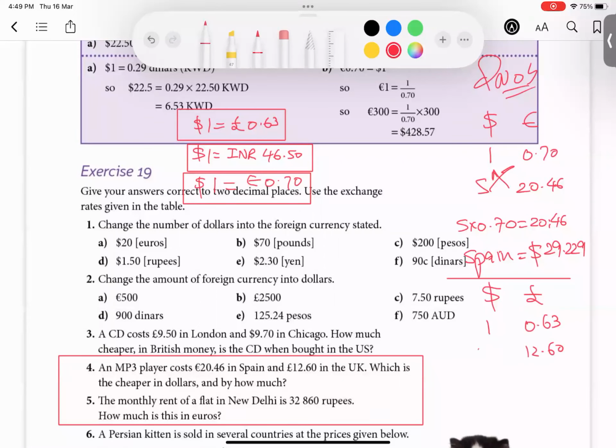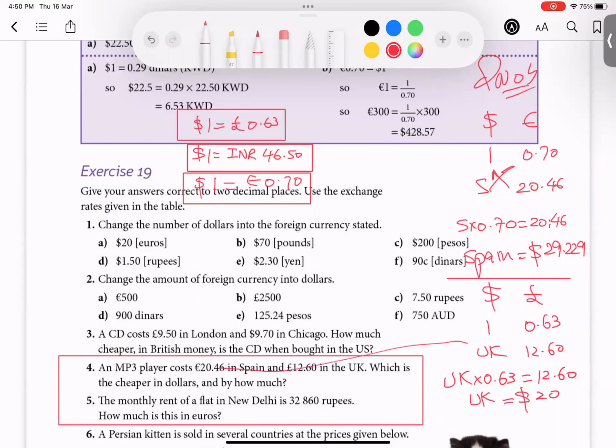So I'm writing UK directly like that. UK times 0.63 equals 12.60. So this will divide under it: 12.6 divided by 0.63, and my answer comes out to exactly 20. In the UK, the price is $20.